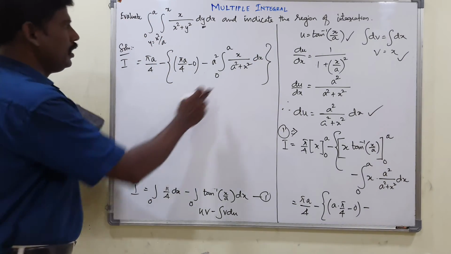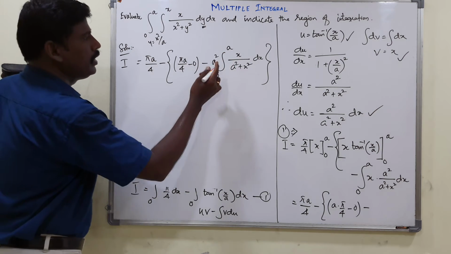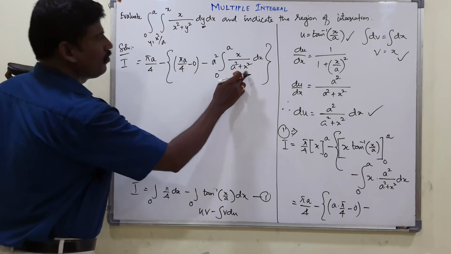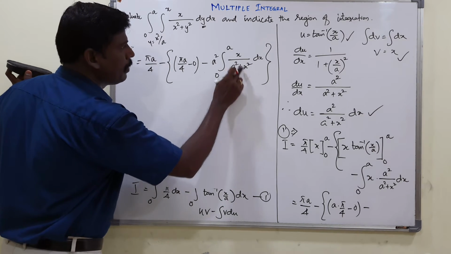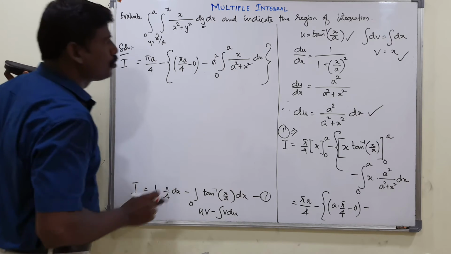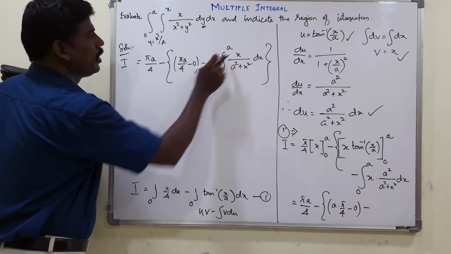We can easily integrate this by adjusting 2 on both numerator and denominator. Why? Because the derivative of the denominator is 2x, but x is present here. So to make the numerator 2x, we multiply both numerator and denominator by 2.